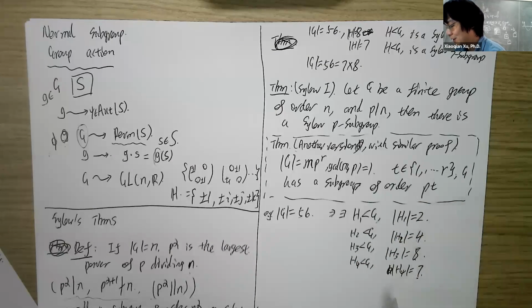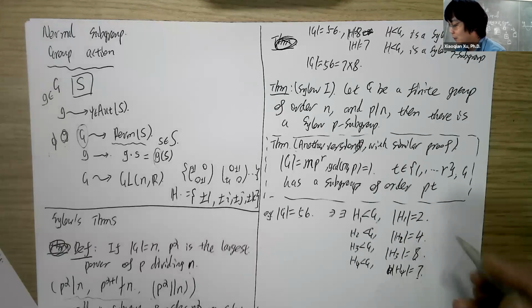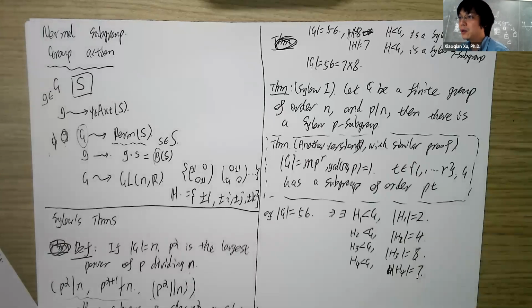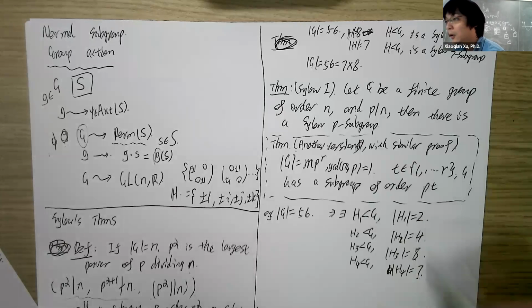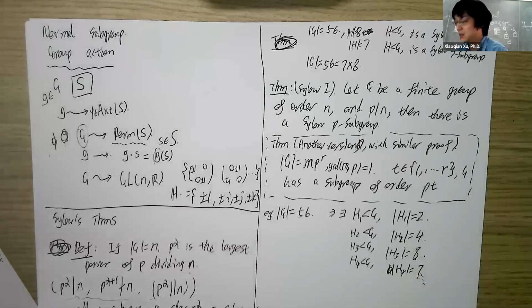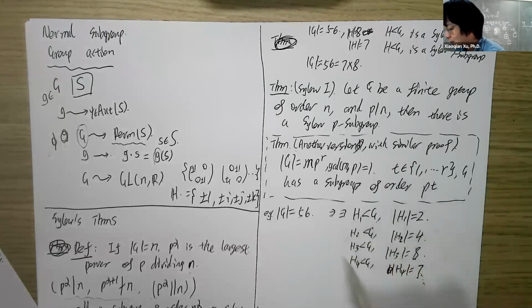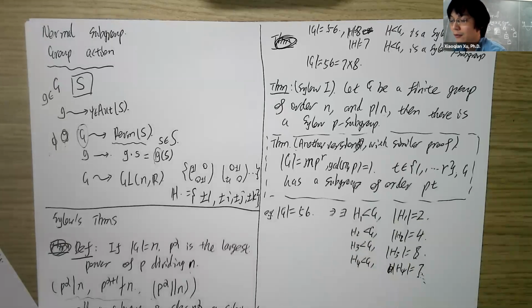But we cannot guarantee that there exists a subgroup of order 14 or of order 28. These are the orders of subgroups that we can guarantee from Sylow's theorem.